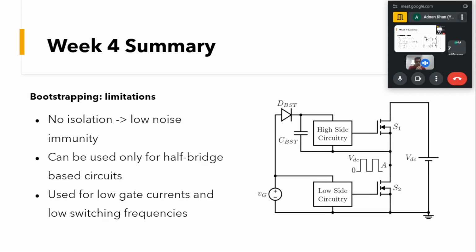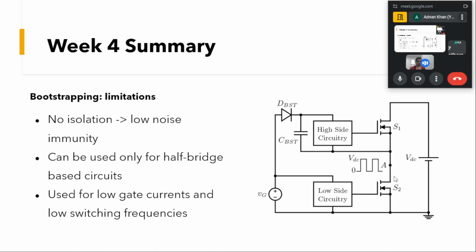The other thing to keep in mind is that this bootstrapping can only be implemented for half bridges. Here you can see a half bridge circuit, where we have a top device and a bottom device, and it need not be that both devices are switches.